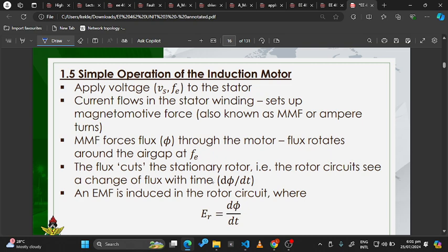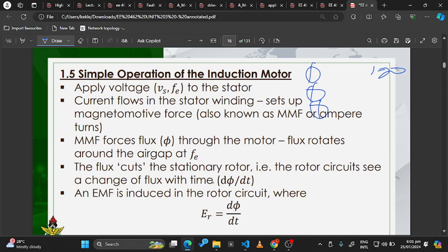I said that three-phase induction motors are self-starting and single-phase induction motors are not self-starting. For the three-phase, the reason they are self-starting is that you have three different fluxes, displaced by an angle of 120 degrees.